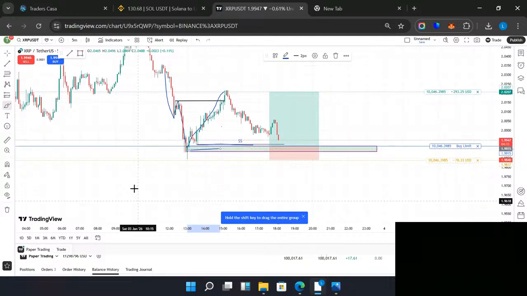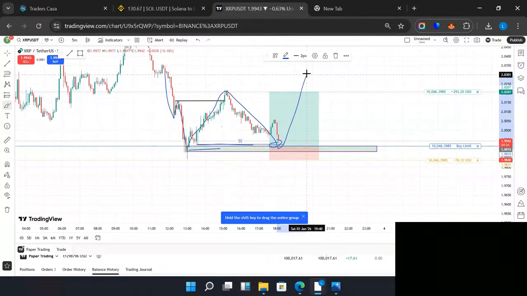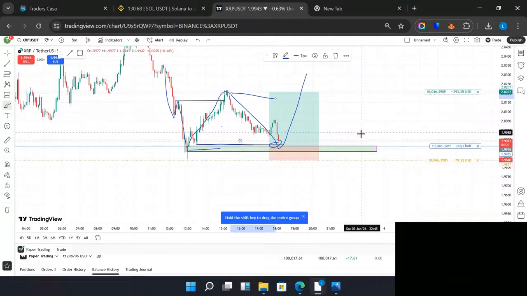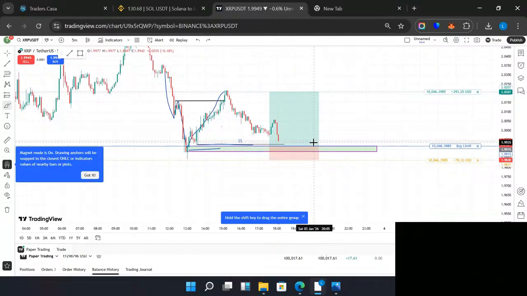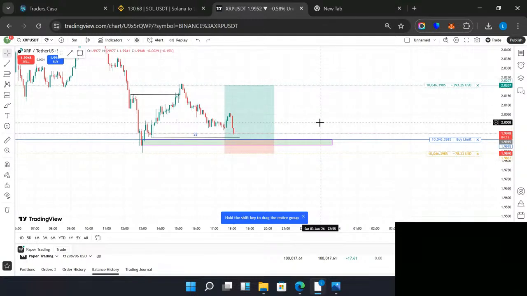So now the price should come down to here, sweep this liquidity right over here, and bounce off of this till the buy side liquidity. I'm hoping for that, and price might just touch our thing, and let's wait.